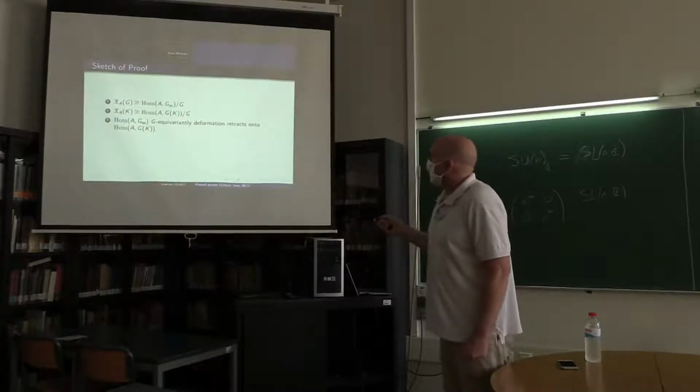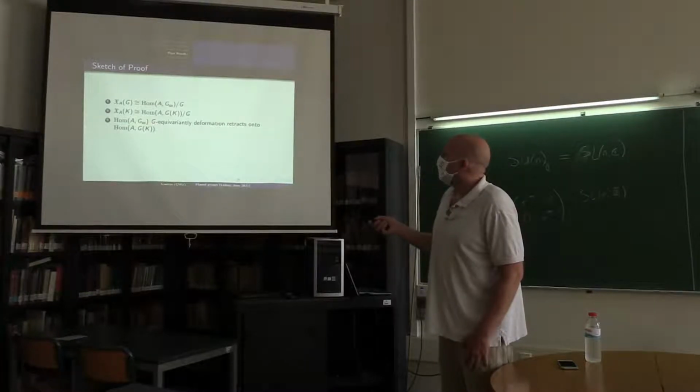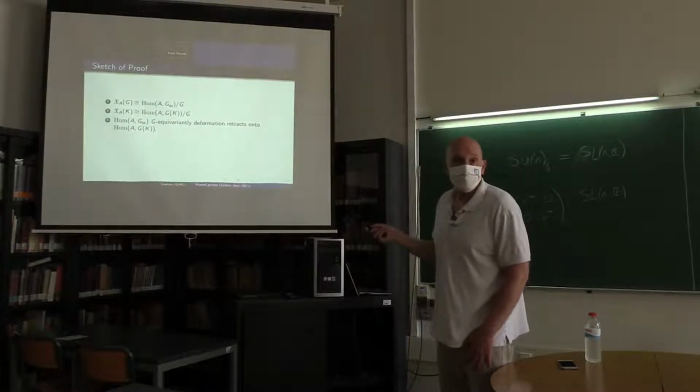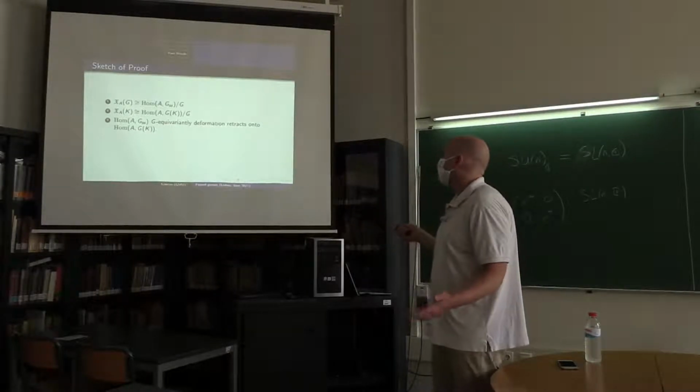Now we're not in the moduli spaces, we're on the Hom spaces. Here we construct a G-equivariant deformation retract from the semi-simple elements to the elliptic representations. This is called the eigenvalue scaling.